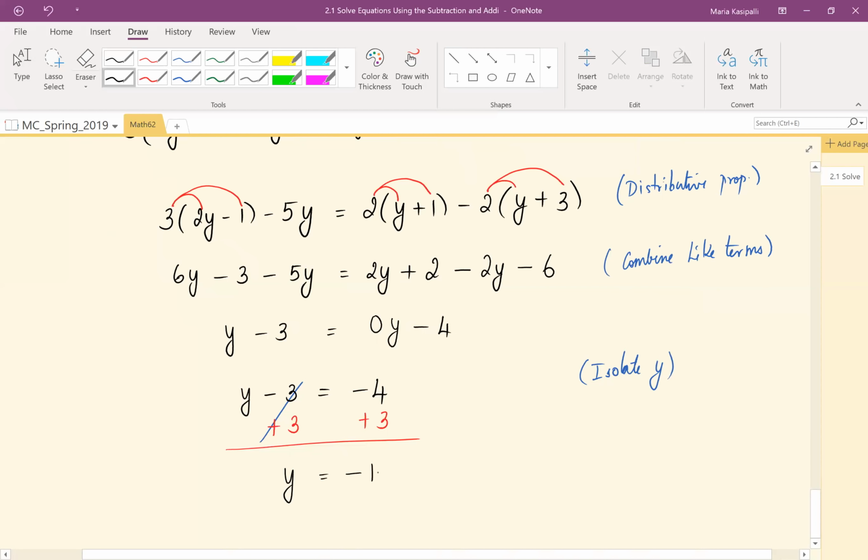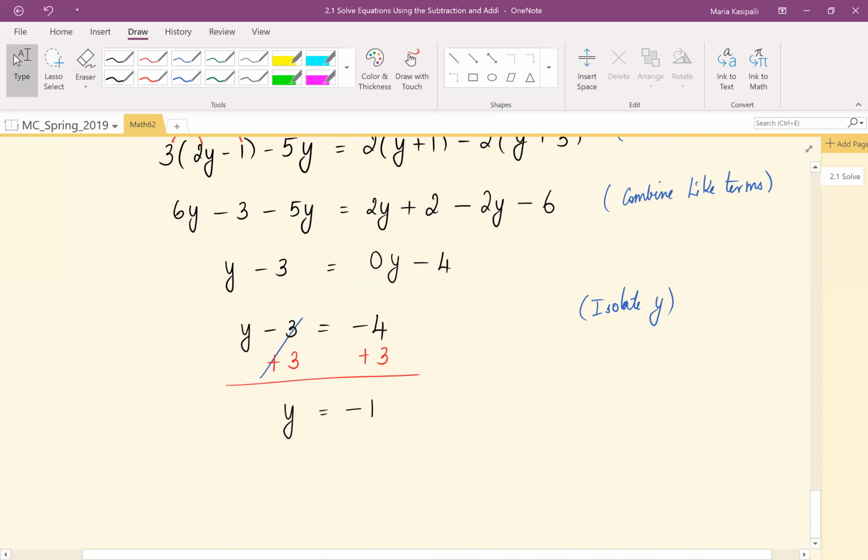Okay. And again, because we want to keep the video kind of short, I will not be doing the check here, but I showed you in the previous examples that you always check by plugging in your answer in the original equation. So I'm just going to write a little note here.